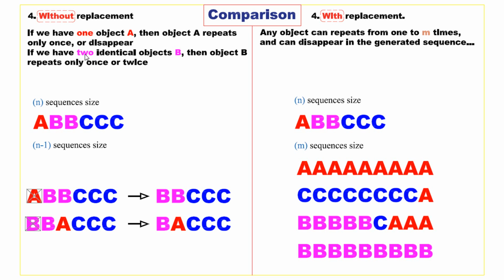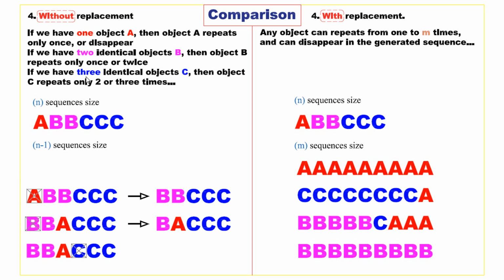Now if we have two identical objects such as B, they may appear 2 times, or we may cancel B here and B will appear only 1 time. So if we have two identical objects, then object B repeats only once or twice.